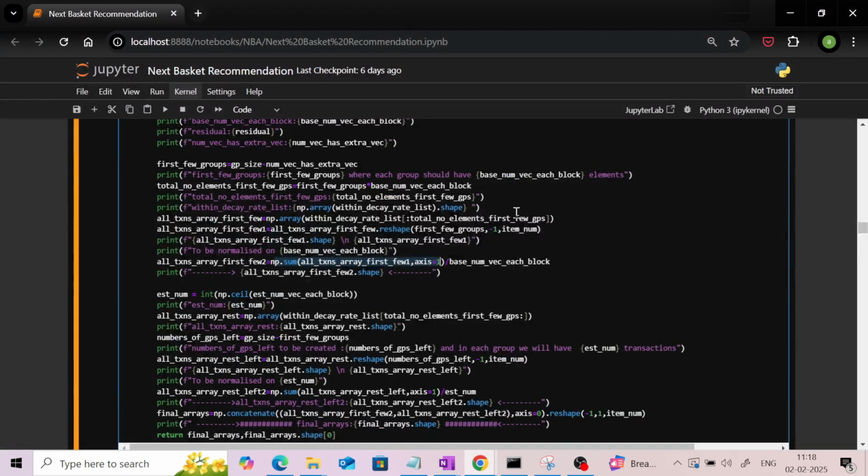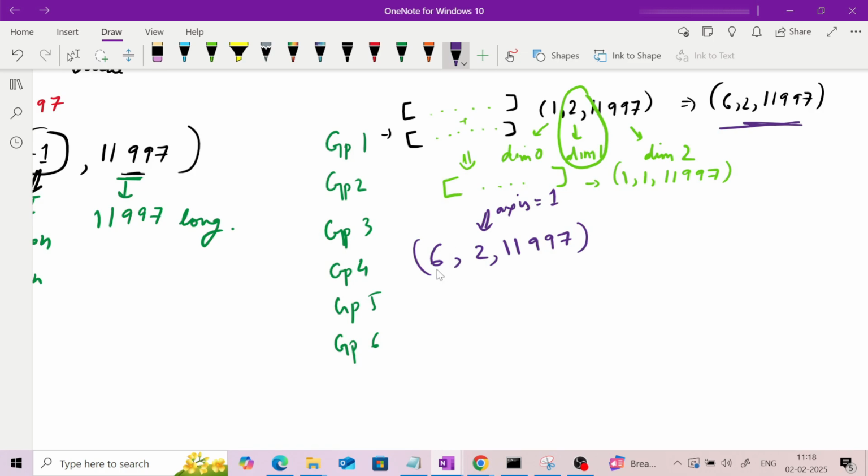That's what we were doing over here. So it converts the whole of the six groups. Each group has two transactions, and now it sums each group's two transactions into one transaction. It does an element wise addition, and the final output is 6 by 1 by 11997.